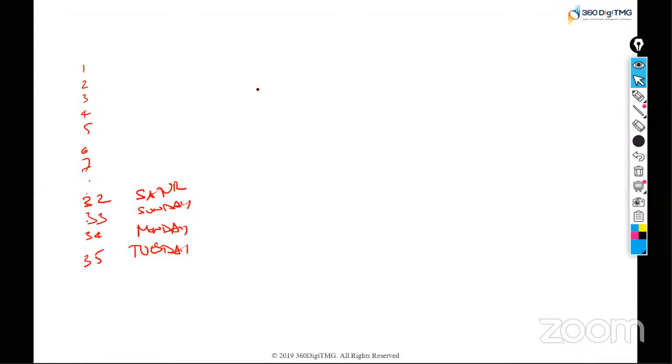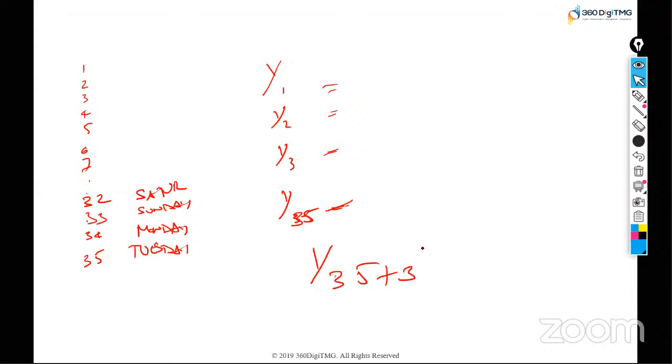Now I have the Y1, Y2, Y3, up to Y35 values. Now, what is the forecast which I will get at Y35 plus 3? This value is going to be Y35 minus 7 plus 3, because the seasonality here is 7.